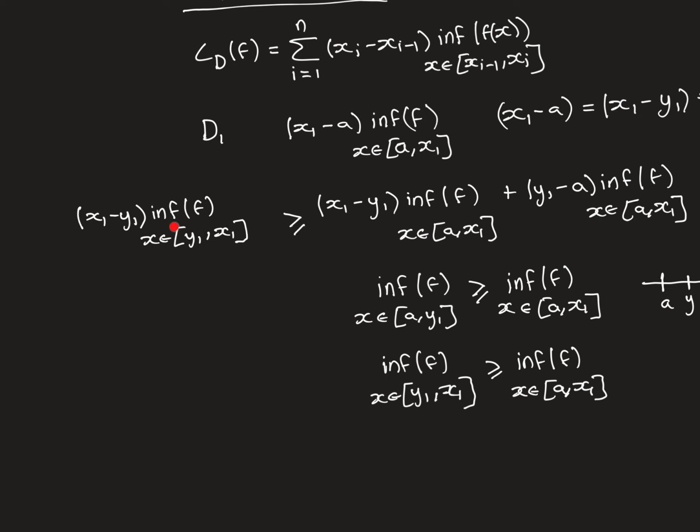And we know that because this thing is greater than or equal to this thing, when you multiply them both by this constant, the inequality will still hold true. And similarly, we need y1 minus a times the infimum of all values of f over the interval from a to y1.